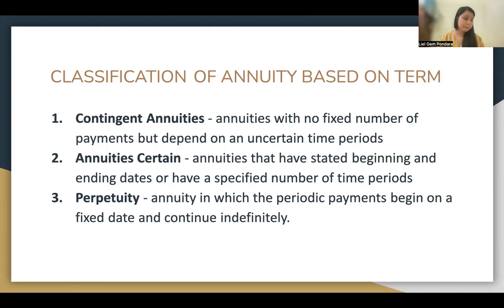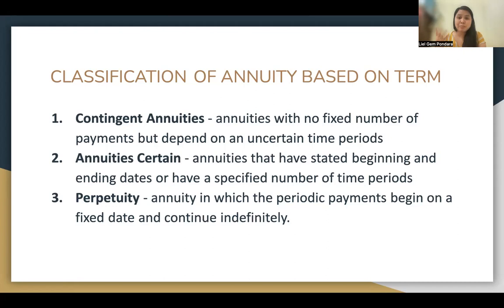The other is perpetuity. In perpetuity, it's an annuity in which the periodic payments begin on a fixed date and continue indefinitely. For example, the very common investment schemes that we have this time, which are non-redeemable.